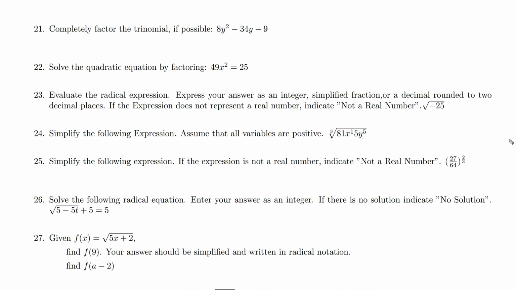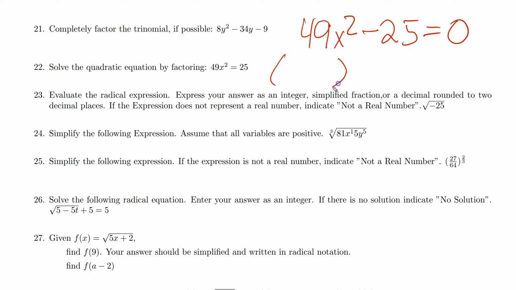All right, in number 22 now, we have 49x squared. I'm going to transpose that 25, set it equal to 0, because this is an equation. Now, this is the difference of perfect squares, so it's going to factor into its conjugates.